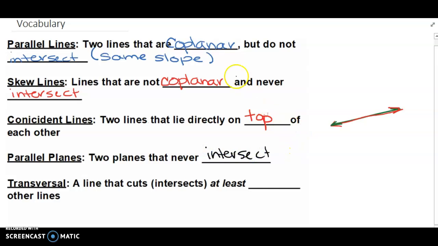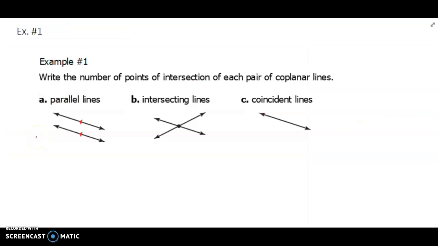And once again, we'll see an example here in a minute. And then a transversal is just a line that cuts or intersects a minimum of two other lines. Okay, a lot of the time, a transversal cuts more than two, but at least two.